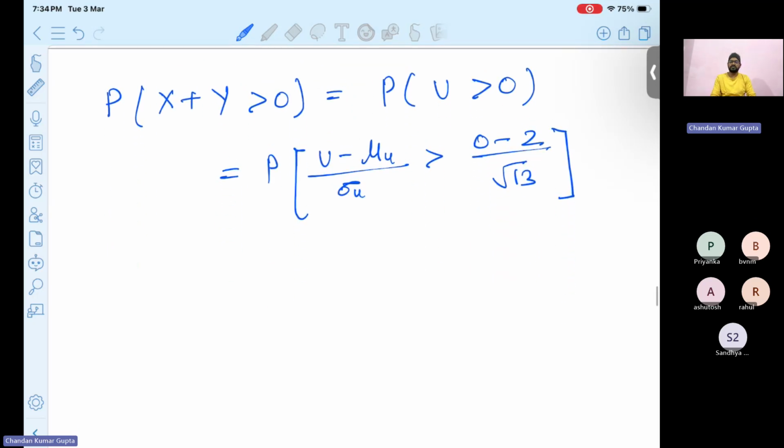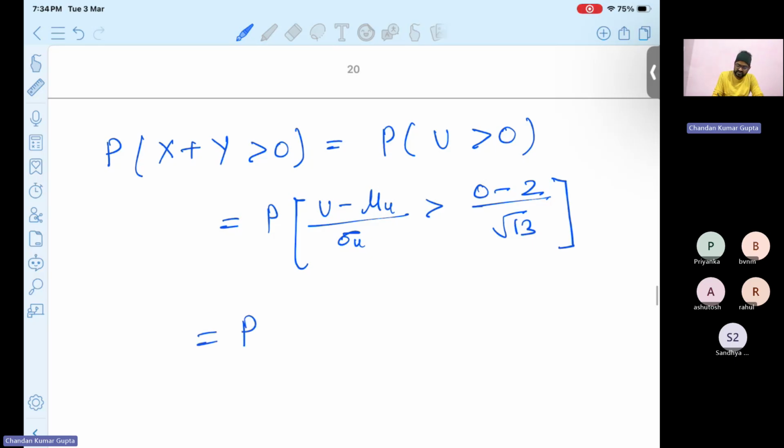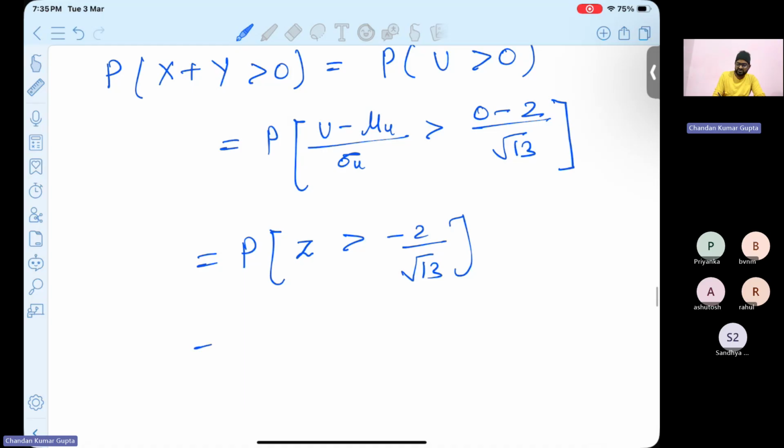Up to this point, is it okay? Now this random variable is standardized, u minus mu u upon sigma u, and this is called z, is greater than minus 2 upon root 13. So you can solve this now. These are very simple.